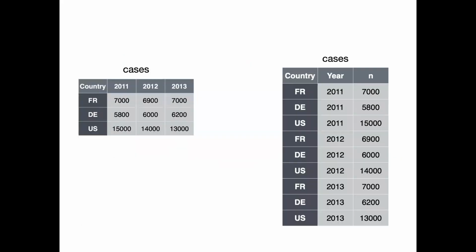I don't want to leave you hanging, wondering what that cases data set would look like when it's tidy. So here it is. You see now, we have a table with columns containing three variables, the country, the year, and the number of cases.